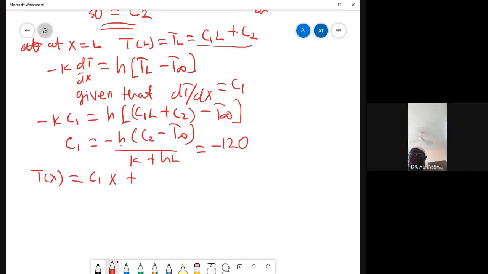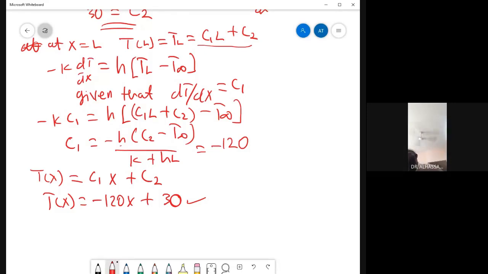Eventually I'll know T(x) equals to minus 120x plus C2, which is 30 degrees or 30. So this is the equation. If you want to test it at x equals to 0, T0 equals to 30 degrees Celsius. You understand me?